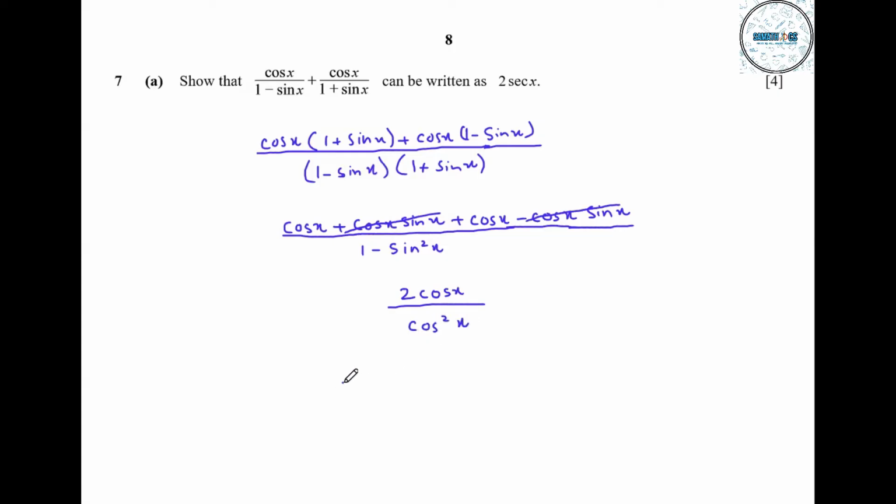Then we can write cos square x as cos x into cos x. So this cos x and this cos x will be cancelled out. So 2 into 1 upon cos x, which can finally be written as 2 sec x.